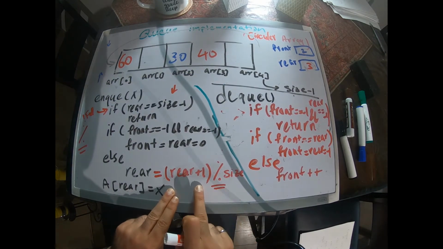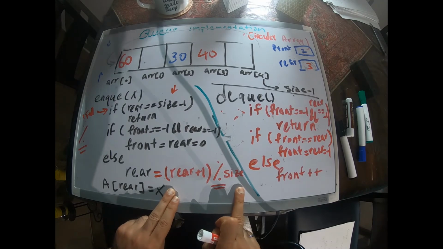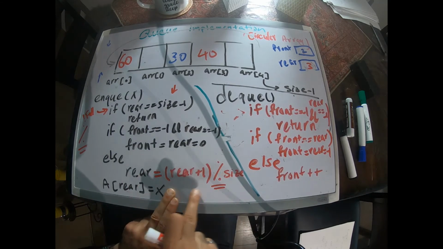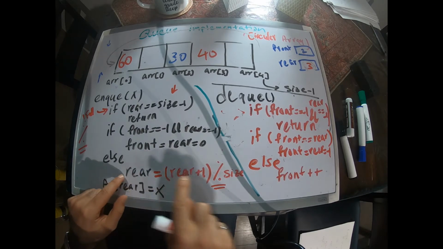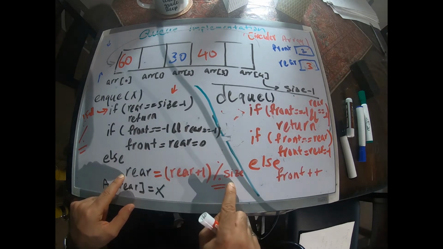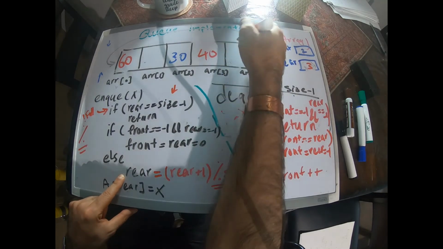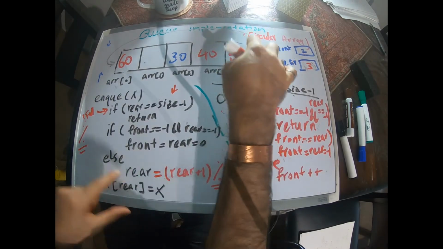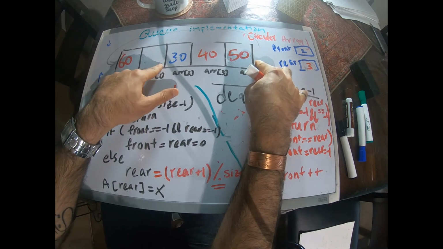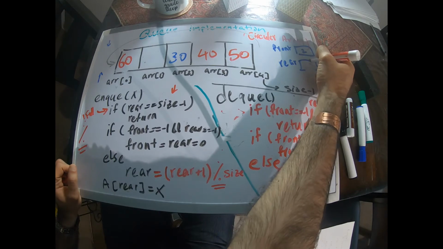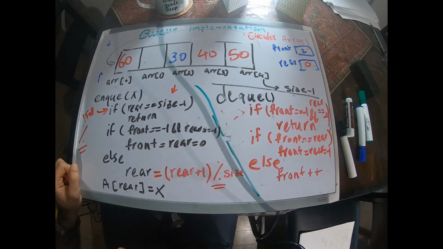If you divide a number by a bigger number, the remainder is the same number, so it's going to be 4. So this is always going to be rear plus plus, unless you have exhausted the array, like unless you have reached the end of the array. Okay, so at this point, when we got here, our rear becomes 0.